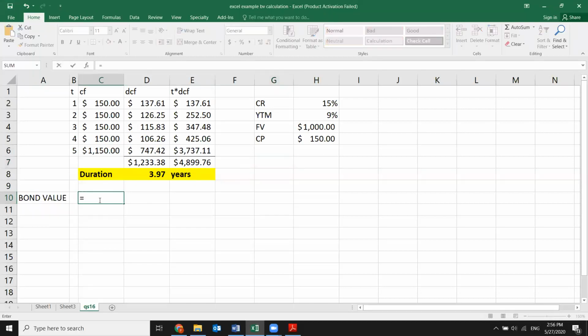So we'll do just present value. The rate is 10%.